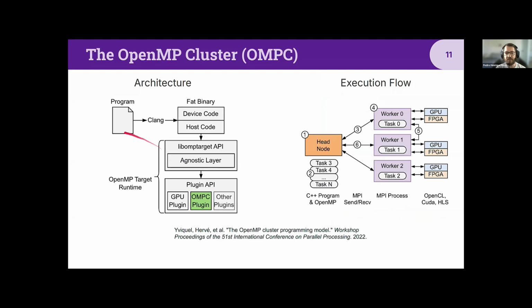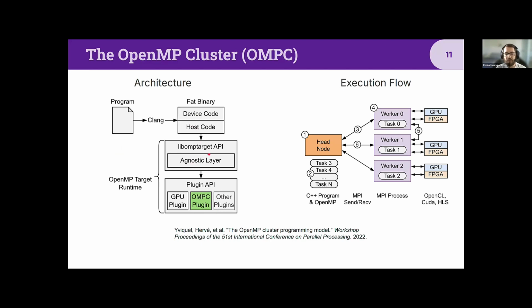So the basic architecture of OpenMP offloading is that you program your code using the target directives, and it will generate some device code, which is code for the architecture you choose during compile time, and some host code to control the application execution. Then you have the target runtime part that takes that code and executes it in the devices you have.